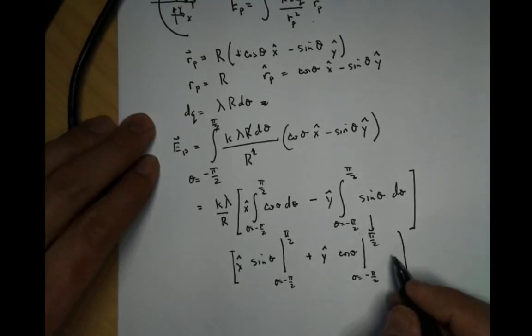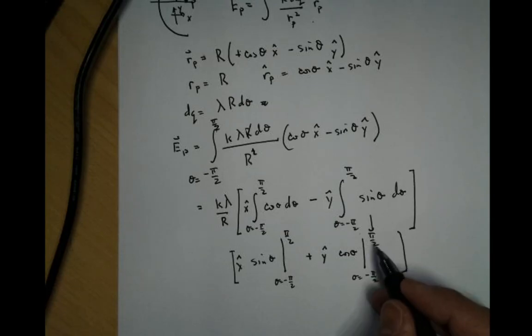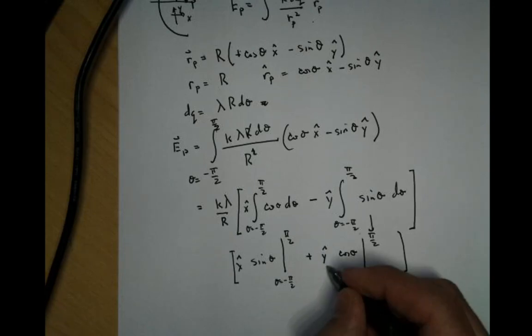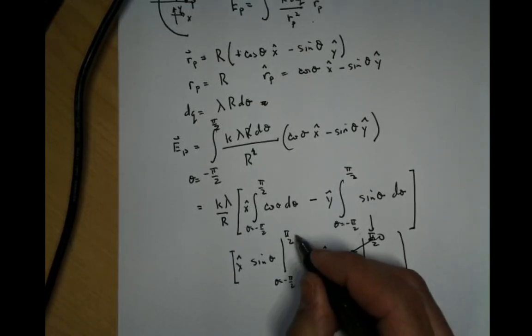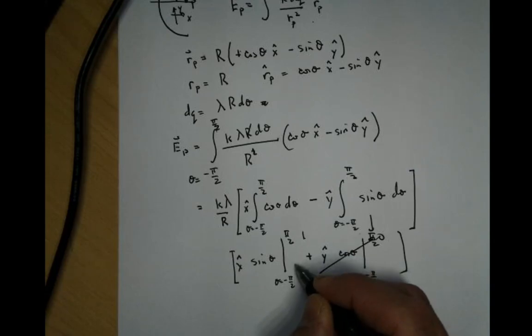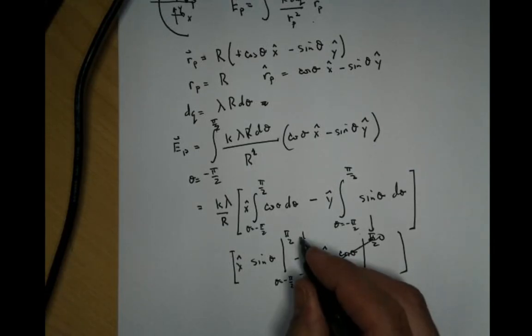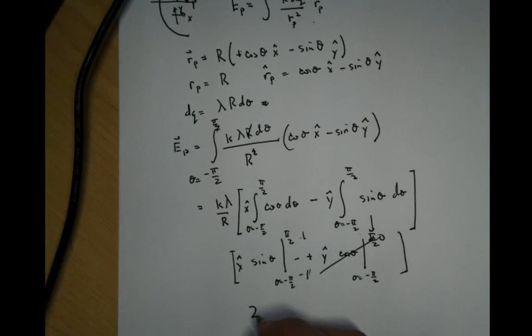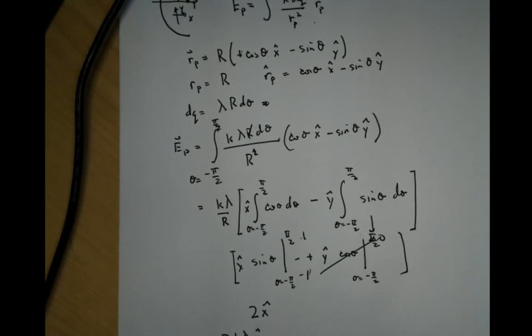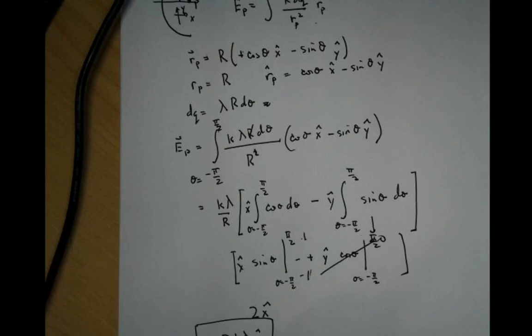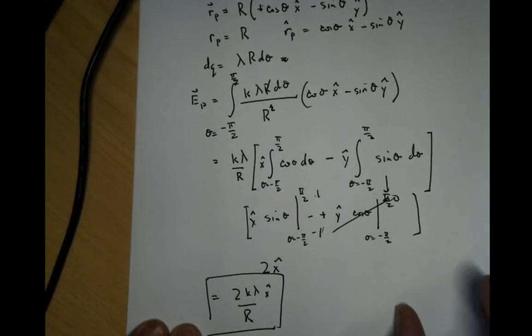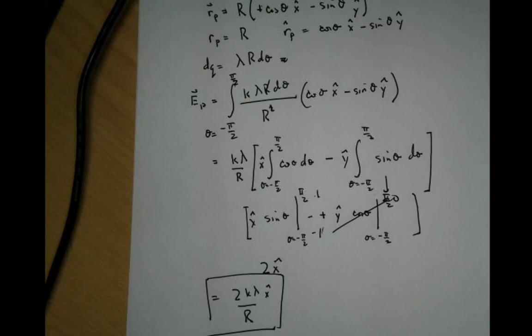Cosine of pi over 2 is cosine 90, that's 0, and cosine of minus pi over 2 is also 0, so this entire thing goes to 0. Sine of theta is 1 minus minus 1, so that's 2, which gives 2 x hat. Putting everything together, that's 2 k lambda x hat over R. So that's relatively simple. That was just a short aside.